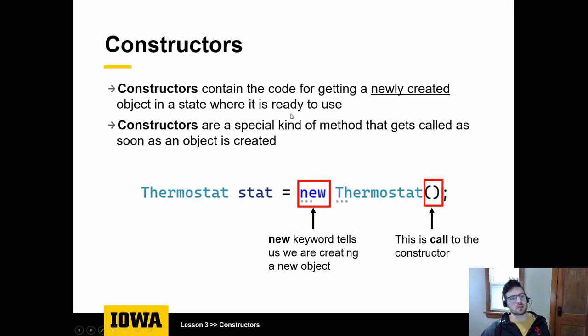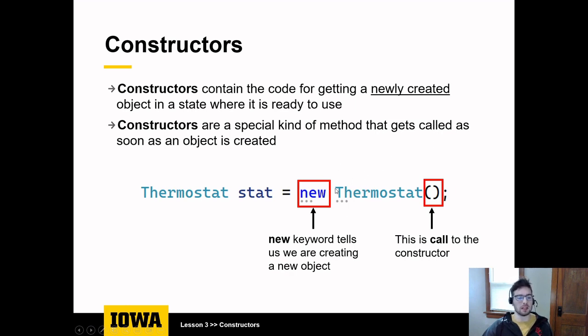So constructors contain the code for getting a newly created object in a state where it's ready to use, okay? A newly created object. So what are we talking about here? We're talking about this new keyword here. So the new keyword signifies that we are creating a new object. In particular, we're creating a new thermostat object.